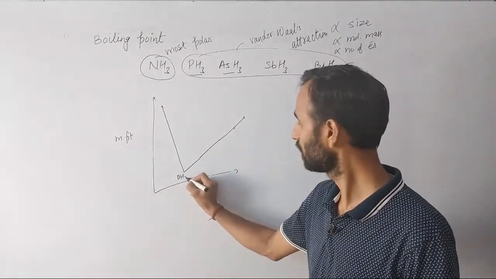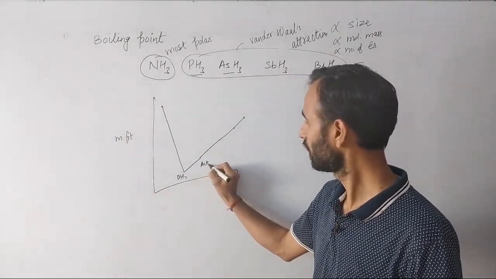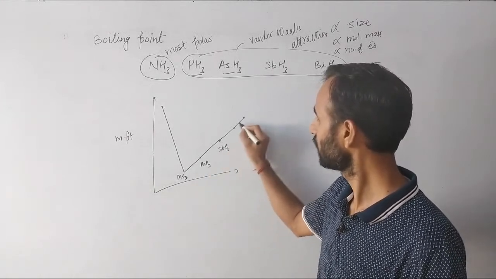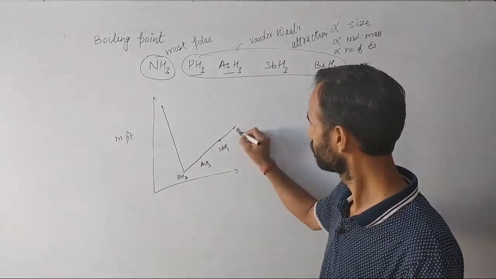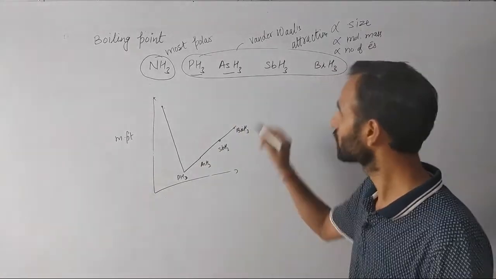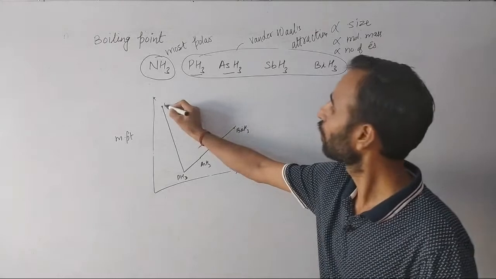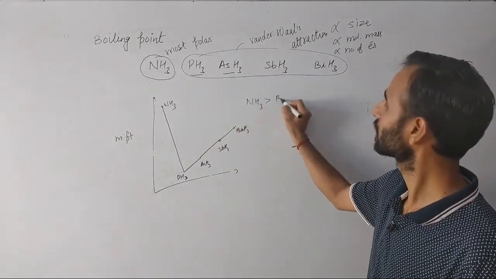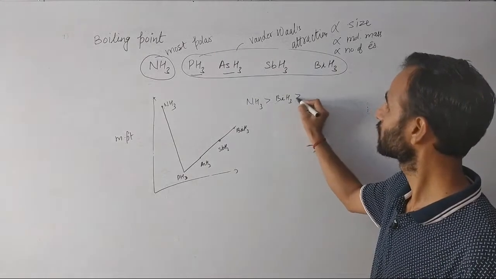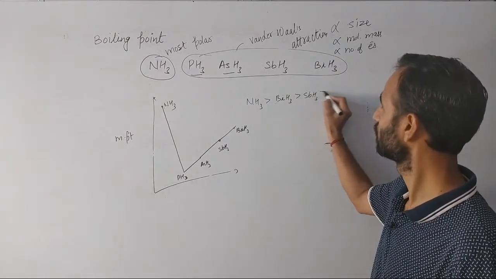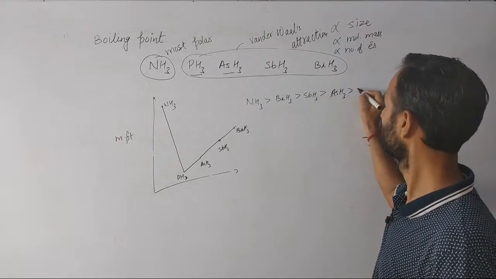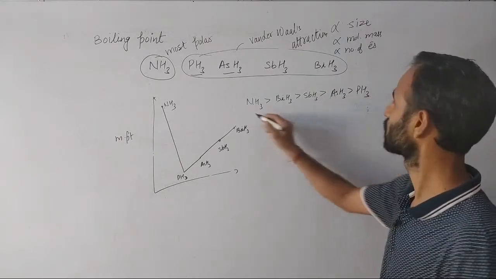So PH3, AsH3, SbH3, the melting point of NH3 is maximum. NH3 is greater than BiH3, SbH3, AsH3 and PH3.